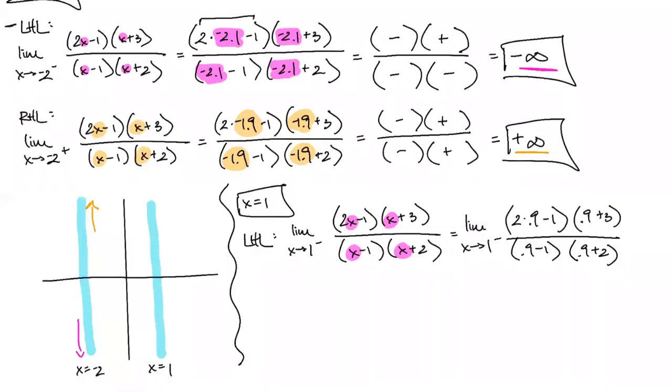Okay, so we picked that number, 0.9, and now our only job is to say, hey, are things going to be positive or negative?